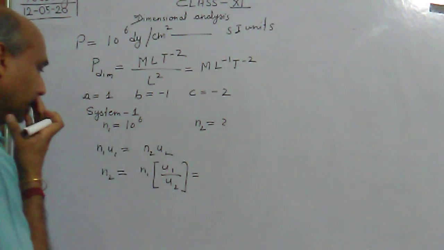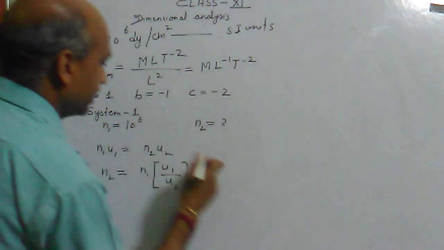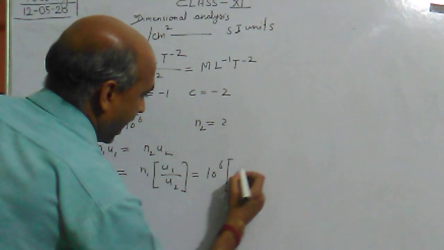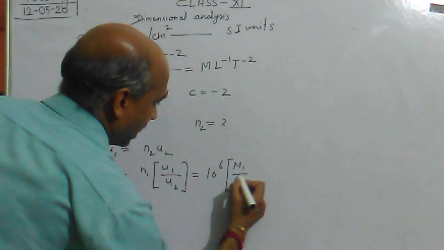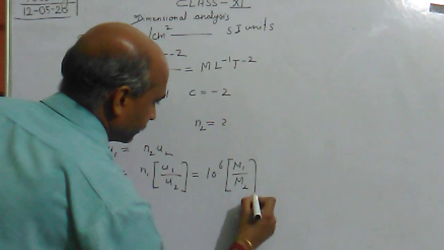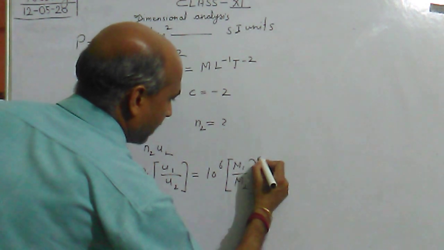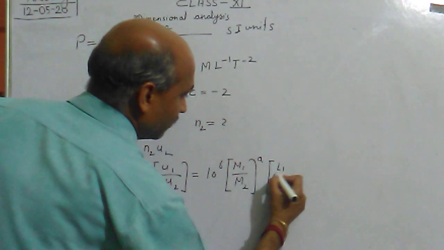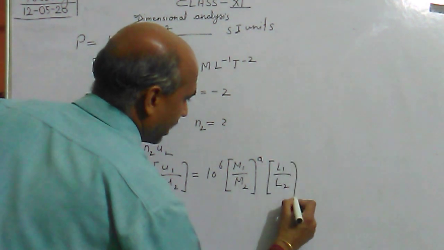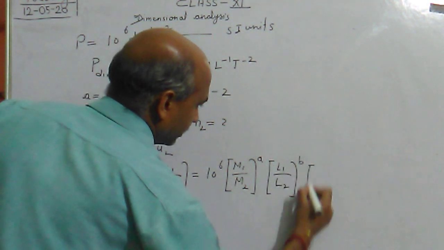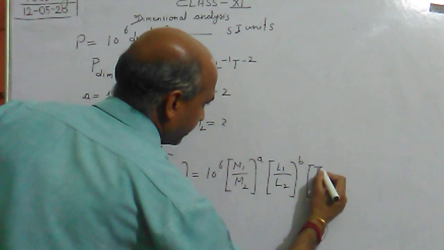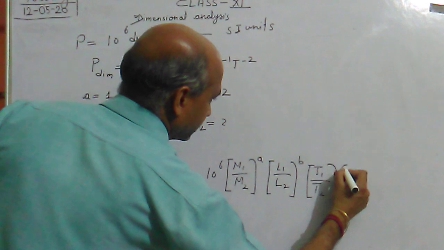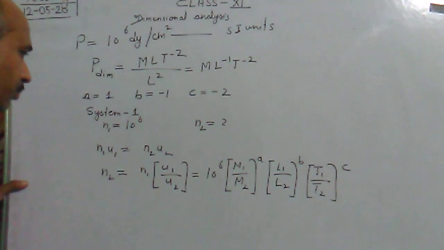Now put the value. n1 की वैल्यू कितनी है बच्चे? n1 की वैल्यू है 10 की पावर 6. We have put it, and then (M1 upon M2) की पावर a and (L1 upon L2) की पावर b and (T1 upon T2) की पावर how much? c.